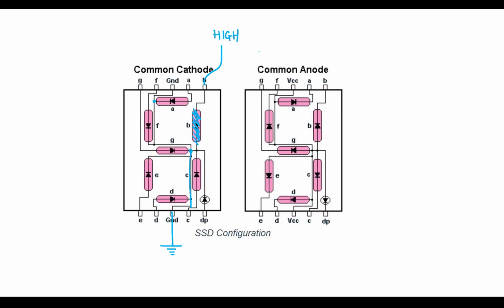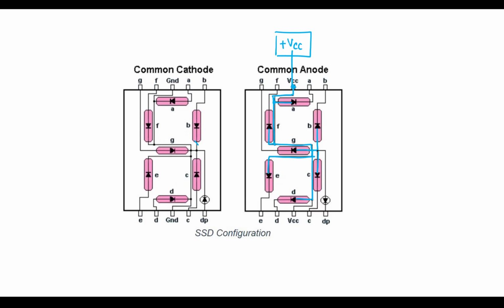It is the exact opposite in the common anode SSD. You notice that in the common anode SSD, it is the P side of each of these segments that are all connected to each other, so they have a common terminal, and this should be connected to plus VCC, like 3.3 or 5 volts.